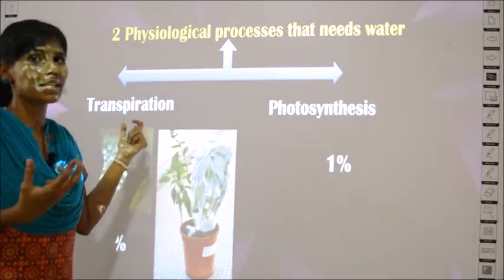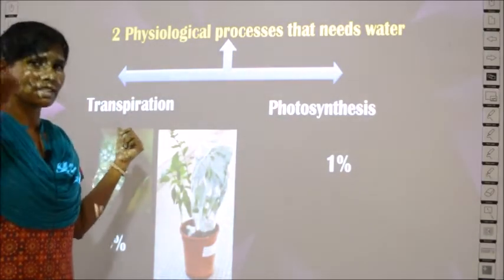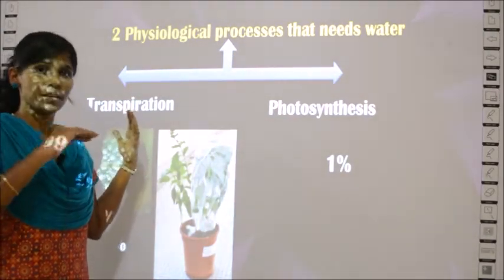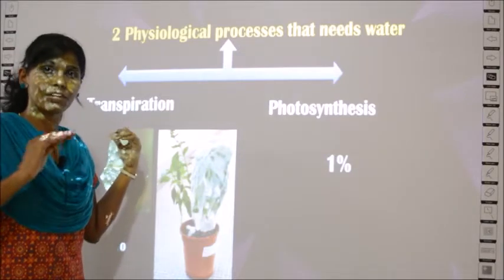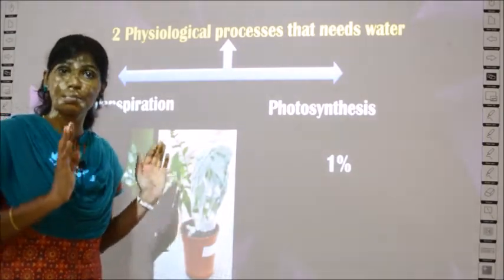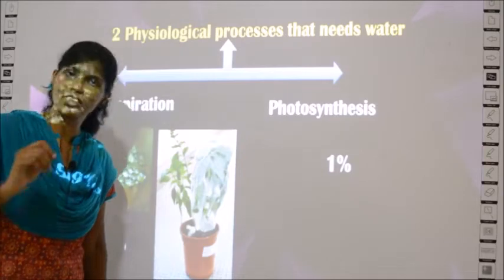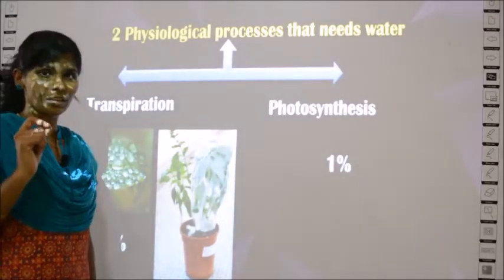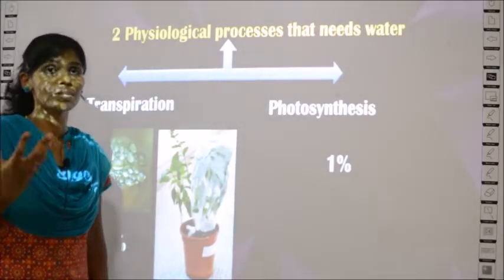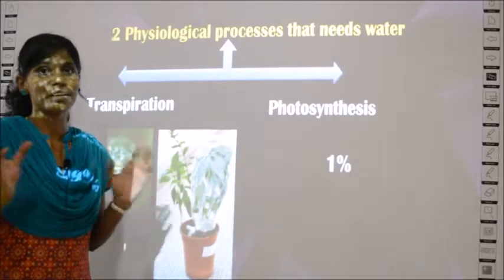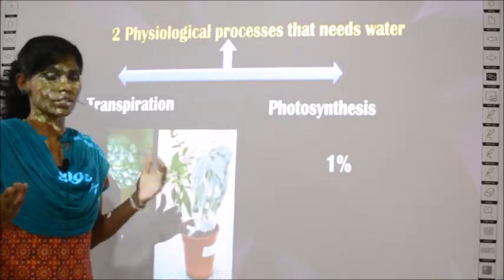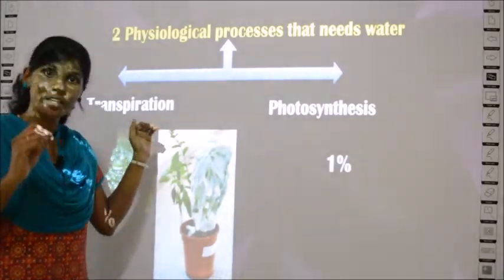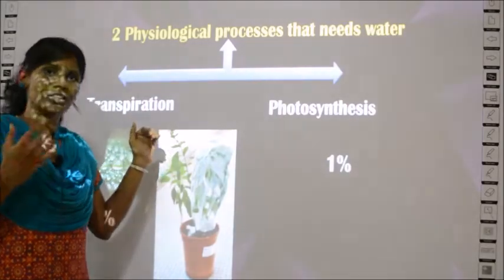What we have studied till now, the definition and all the stories, is not transpiration, it is transportation. Students often get confused and write different terms for different processes. So this is transpiration, and that is transportation.